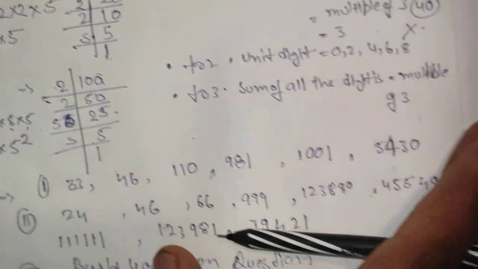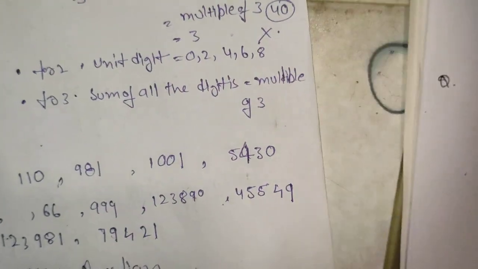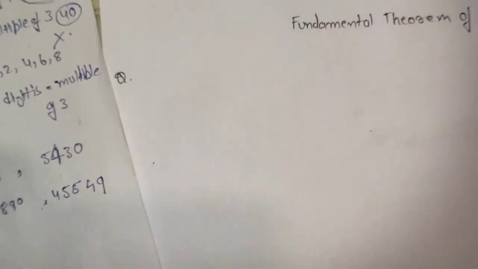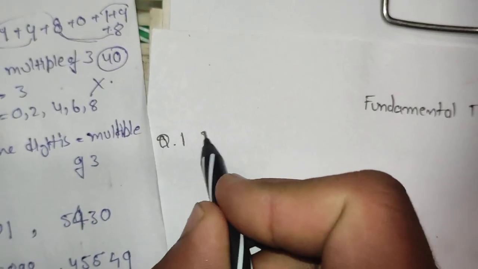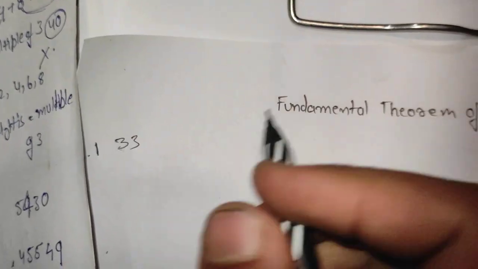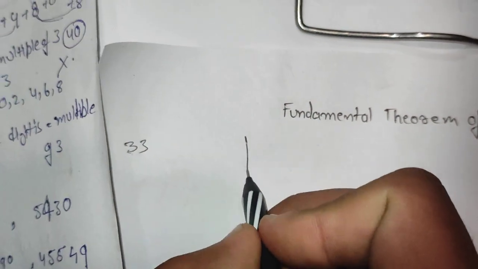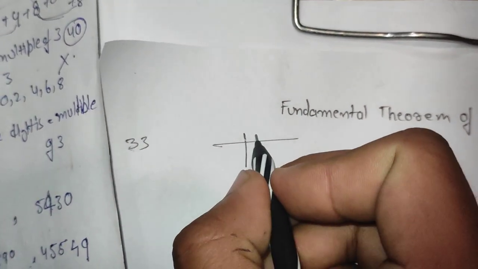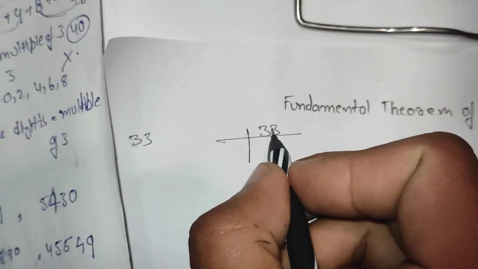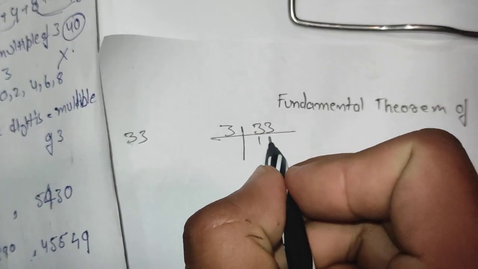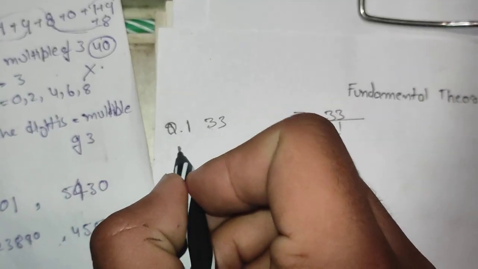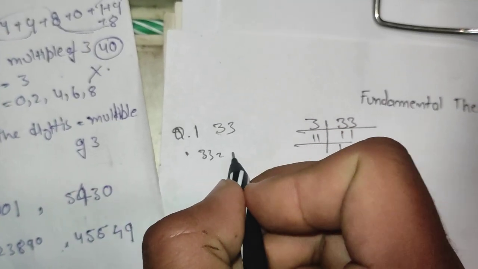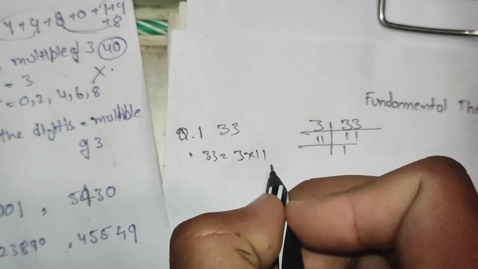So our first question is 33. For 33, we take building blocks starting from 2. It is not divisible by 2, but for 3, 3 times 11 is 33. So 33 can be written as 3 times 11. The second question is 46.